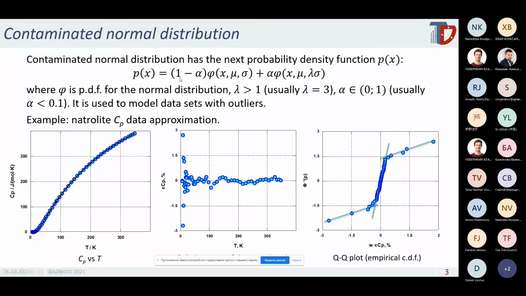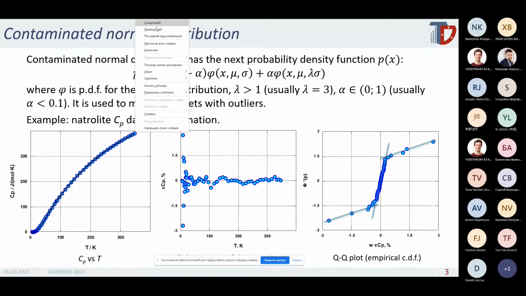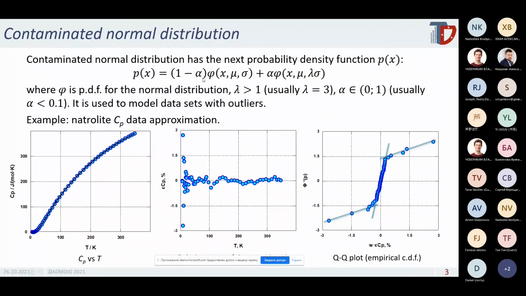So we return to the contaminated normal distribution that is shown on this slide. The first term is just the ordinary normal distribution, the same probability density function, some mean value, some variance, and some weight, 1 minus alpha, that is very close to 1.